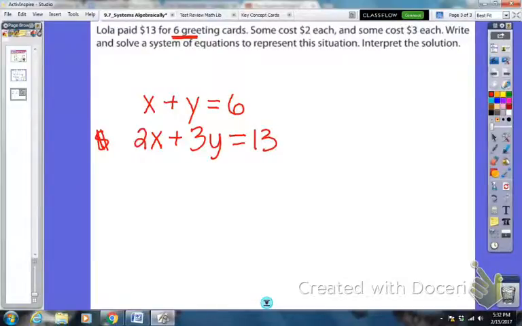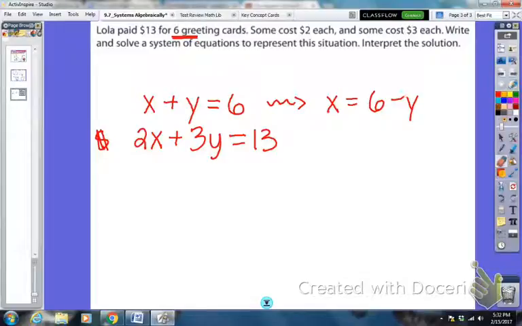So I'm going to look at the top one and rewrite this so that X equals 6 minus Y. In order to undo the positive Y and bring it to the other side, you have to subtract it. So now you have your substitution. 6 minus Y is the same as X, so I'm going to replace that down below.